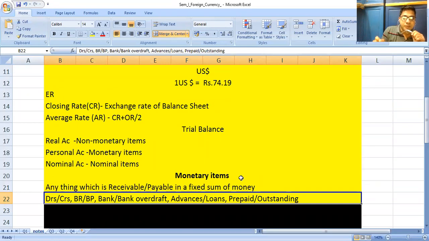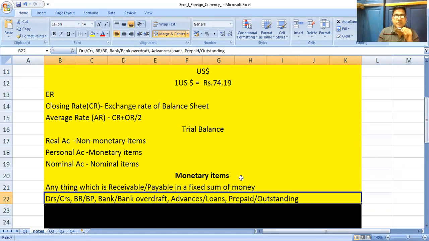Sometimes they may be asked in objectives. Monetary item means what? Sometimes they can ask the question: outstanding expenses is a dash item. Your answer will be monetary item. Bank overdraft is a dash item. Answer: monetary item. Such types of questions may come as objectives.